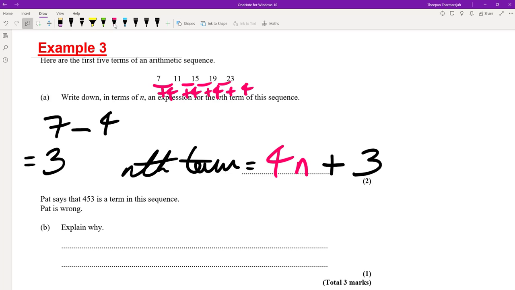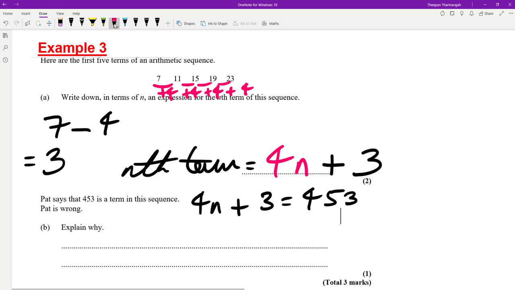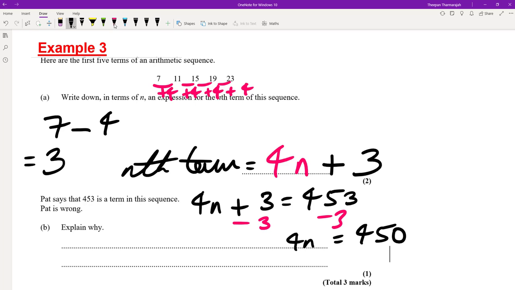To check whether 453 is a term in the sequence, we equate it to the nth term. We're going to minus 3 on both sides. And we can see that 4n equals 450. But 450 is not divisible by 4. So we're going to write that down: 450 is not divisible by 4.